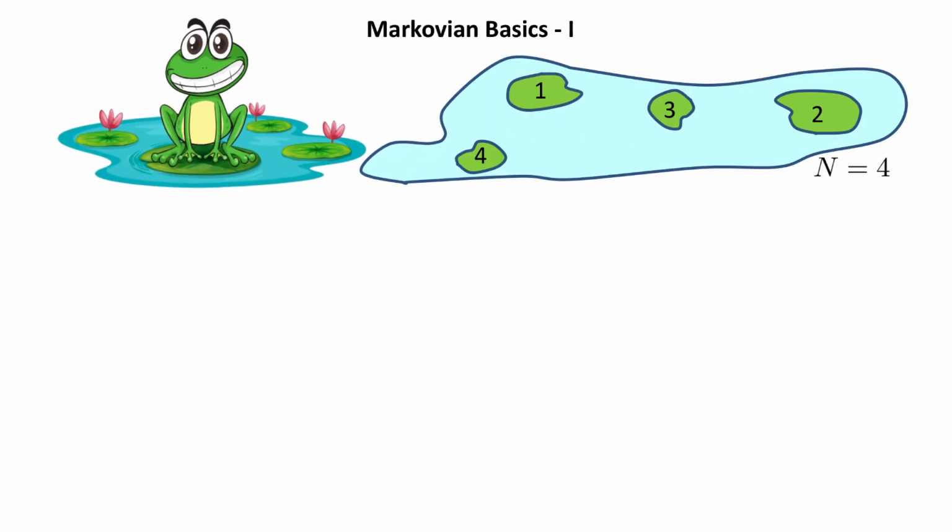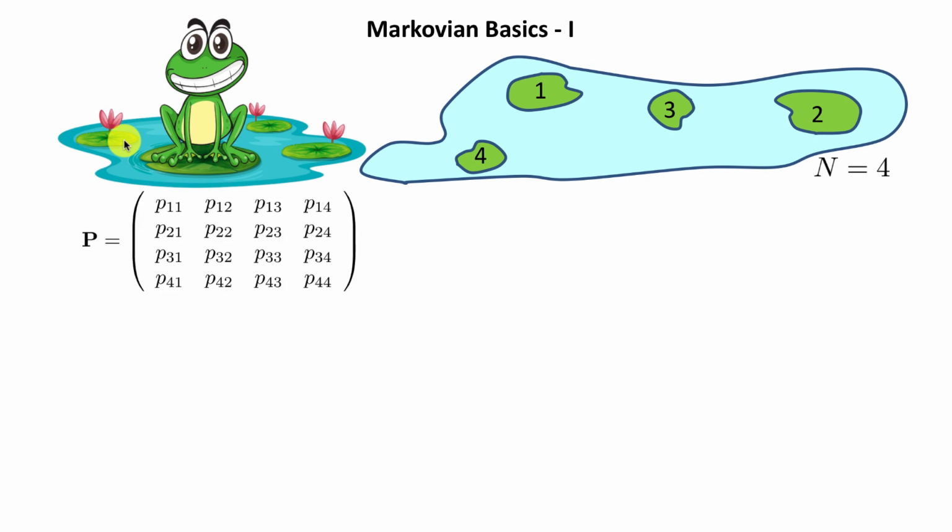There's a nice way to visualize Markovian systems. So imagine that there's a frog which can sit on 4 lily pads: 1, 2, 3, 4. The frog can jump from one to the other with certain probabilities, and so we can collect all of the probabilities in the form of a 4 by 4 matrix.